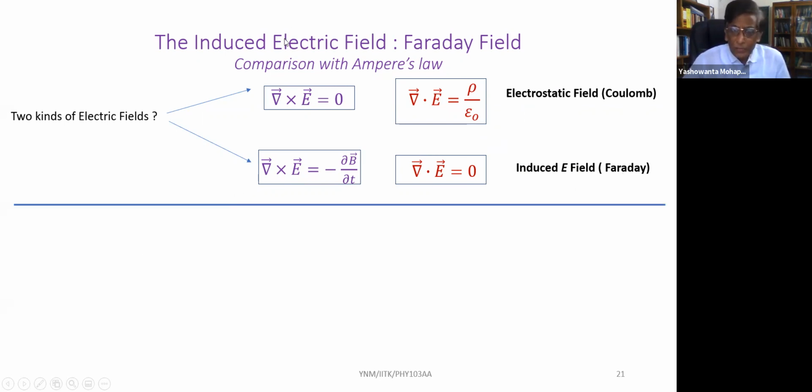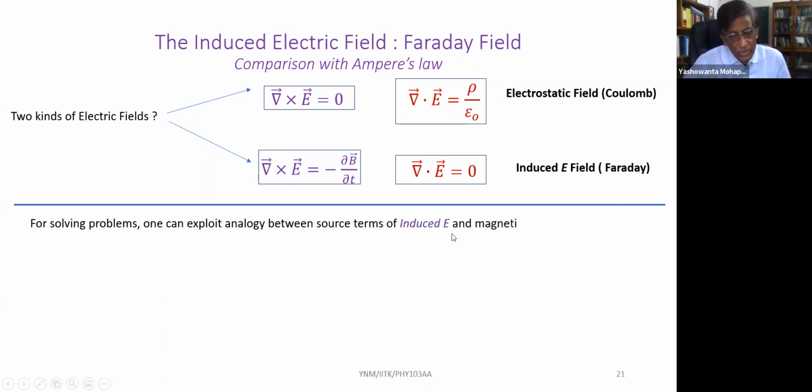But this is the same E which makes charge move. So for solving problems, one can exploit the analogy between the source terms of the induced electric field and the magnetic field. We know Ampere's law, del cross B is mu naught J, and we know the divergence of B is equal to 0.